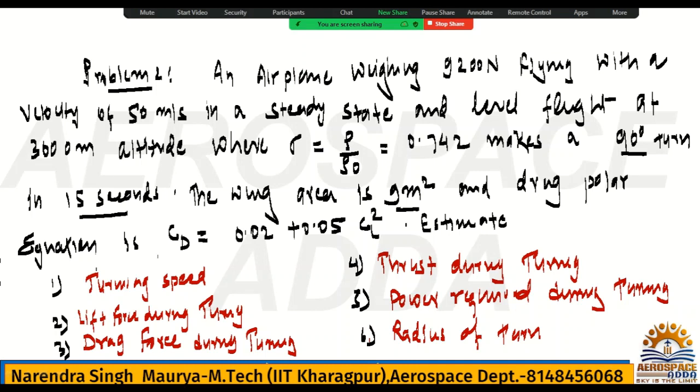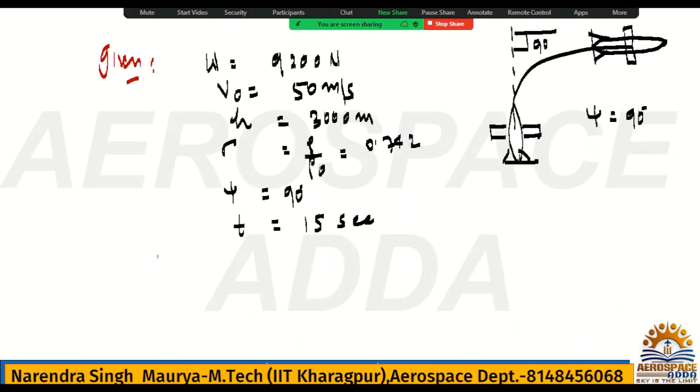Drag polar they have given. So wing area they have given to us, wing area is nothing but S. It is 9 meter square, and drag polar CD they have given to us as 0.02 plus 0.05 CL square. These are the given data.